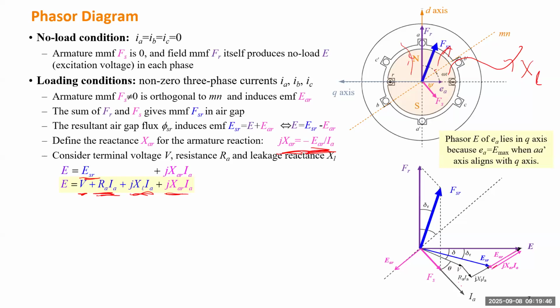So this is the finalized phasor diagram. And this is the final voltage we can get external to the system. And this one depends on the current. So if the current is 0, which is the no load condition, this V will be equal exactly to this E.